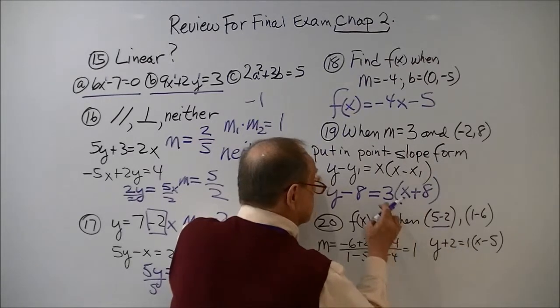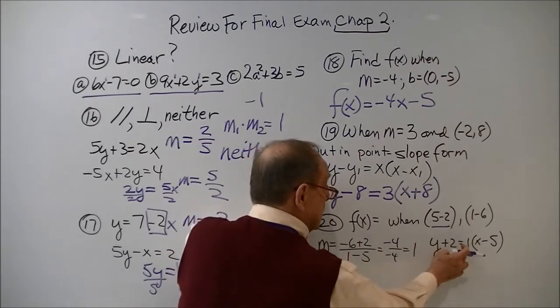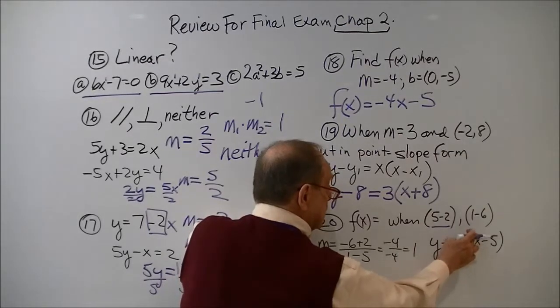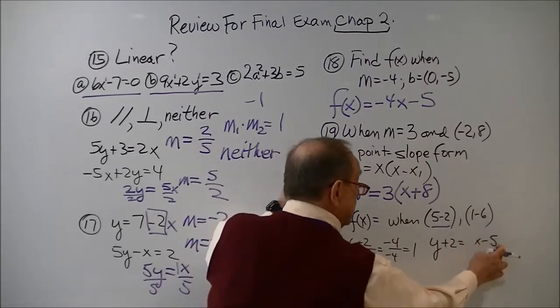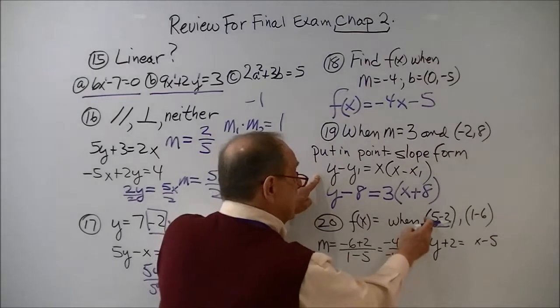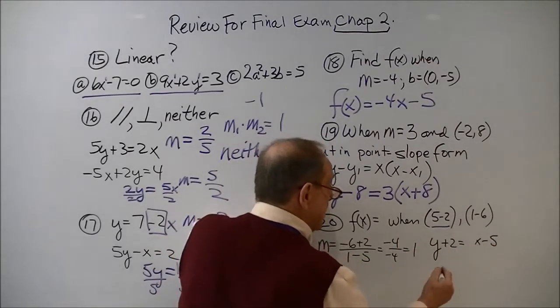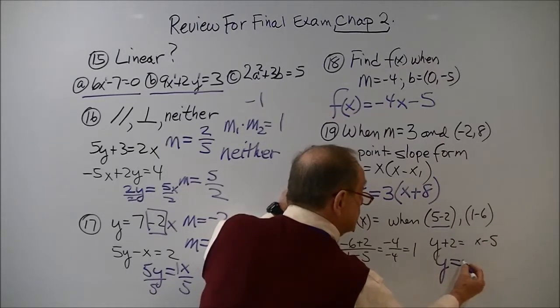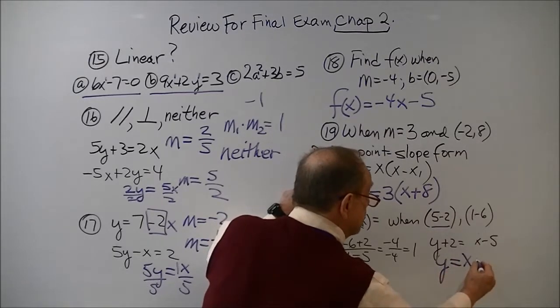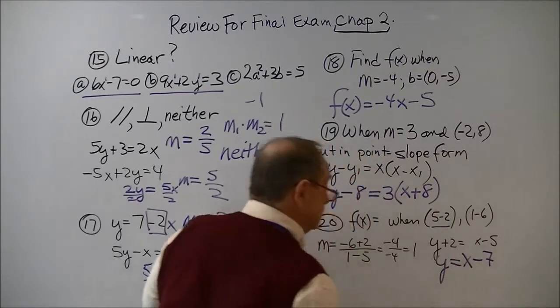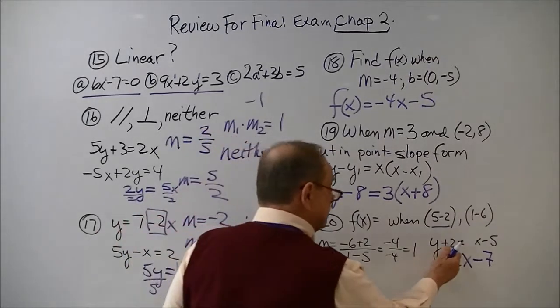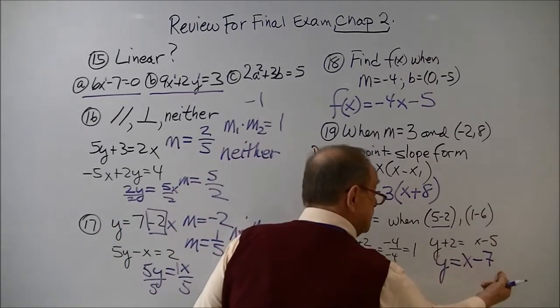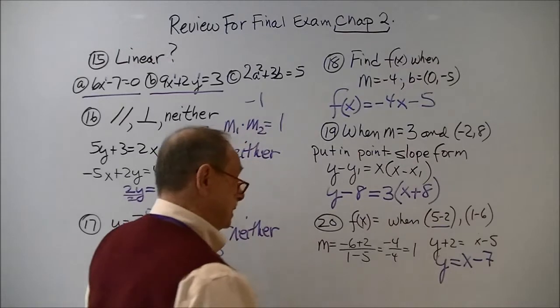And then our slope is 1. I could put the 1 there, but really all I can do is just take that away, because that's what it is. And there's my x term there. And then I go y equals, transpose my 2 equals x minus 7. So when I transpose this, it becomes a negative 2 and negative 5, and there's what it is.